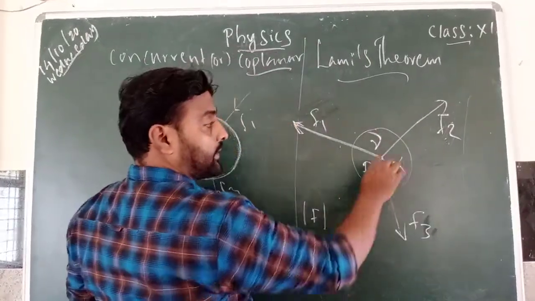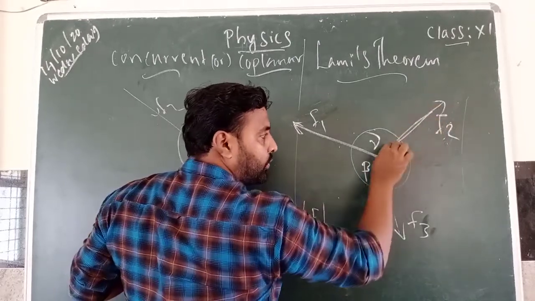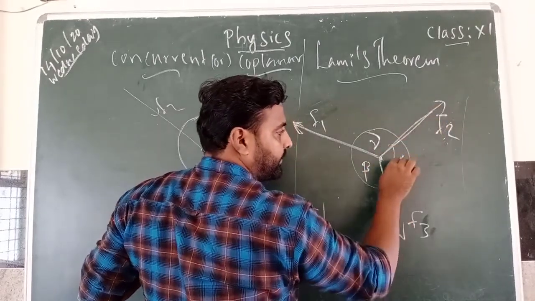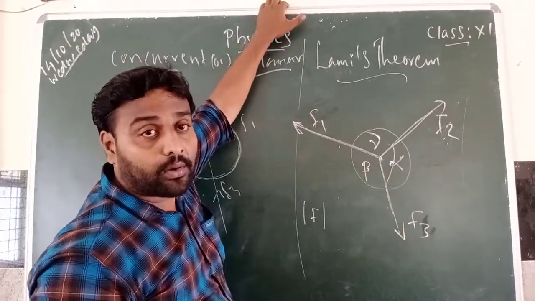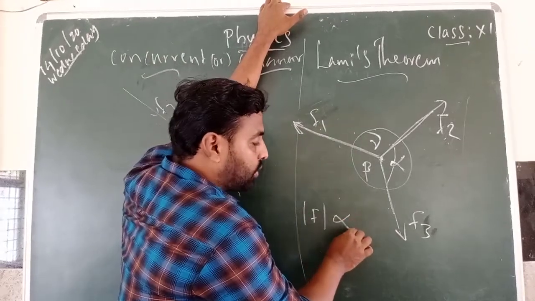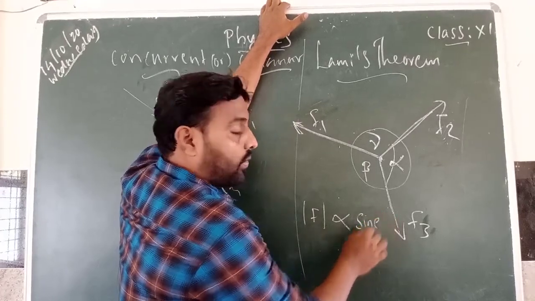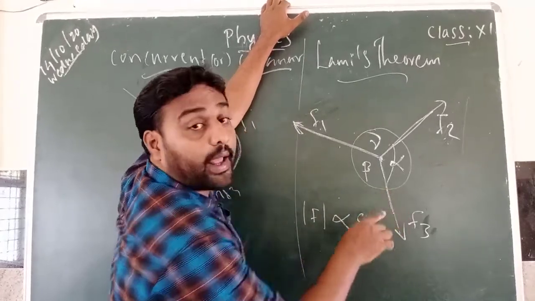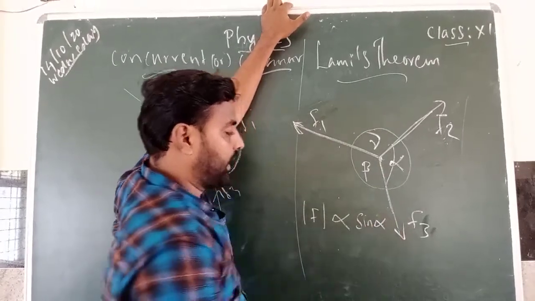This is the angle between these 2 forces, alpha. So the magnitude of F1 is proportional to the sine of the angle between the other 2 forces, so sin alpha.